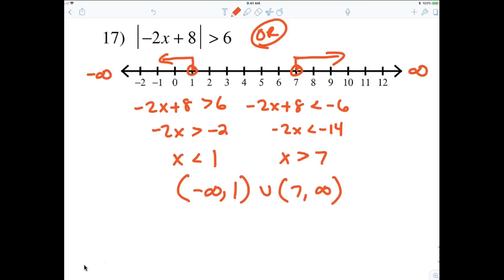So I'm going from here to here, and then from here to here. So I'm starting reading numbers from left to right. I'm starting from negative infinity and going to 1. Then I'm going from 7 to infinity.